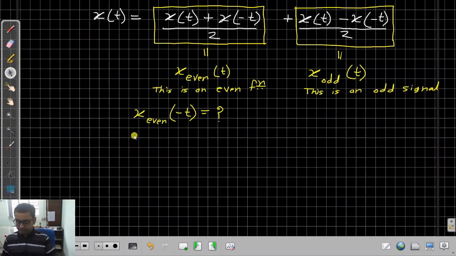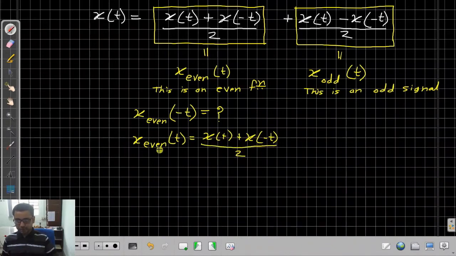Let me first write that x even t is the same as x(t) plus x(minus t) whole divided by 2. This is as per the definition, as I have defined, as I have named it.